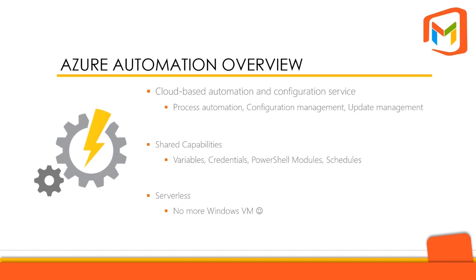In Azure Automation, you can use the configuration management part as well. The configuration management part is a DSC server, DSC for desired state configuration. So this is a DSC pull server located in Azure that you can use in order to manage the configuration of your Azure VM, of your on-premises VM, or some VM that are located on other clouds, like for instance, Amazon AWS cloud, all right?